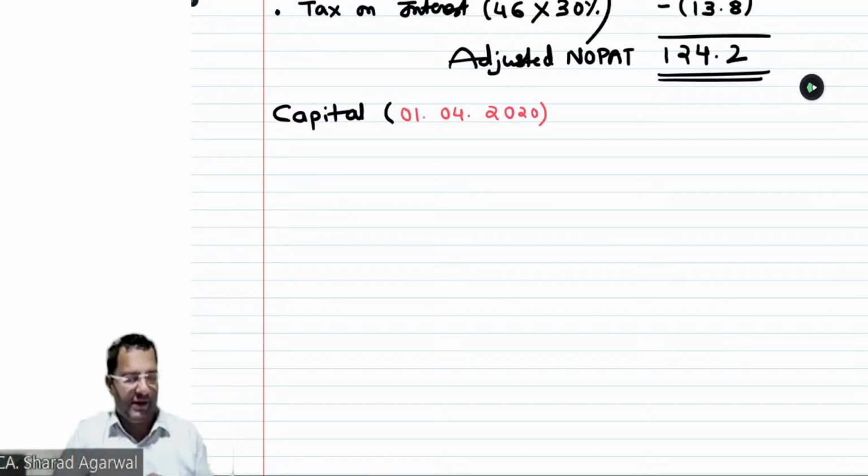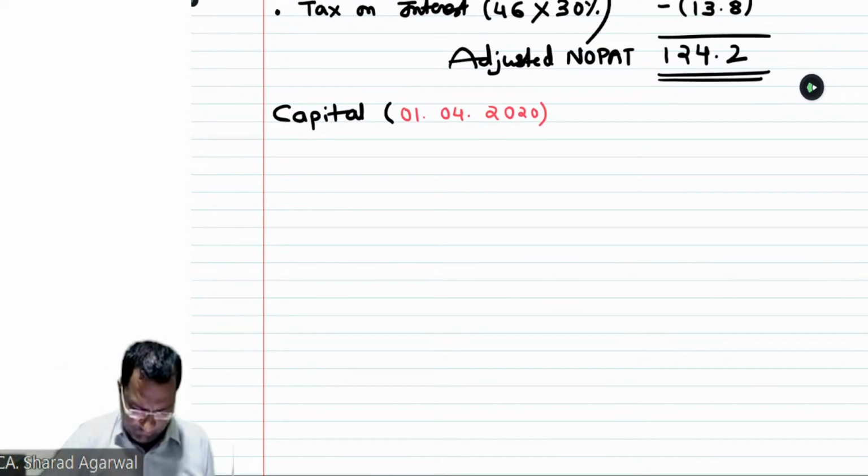What capital do we have to take? Okay, it's 1495, because 1422 will be applicable whenever you are calculating the ROC as prescribed by the authority. Right? Right now, you are calculating economic value added, you will go with the audited balance data.